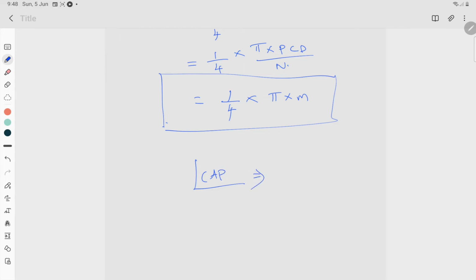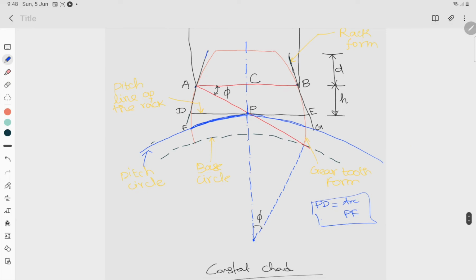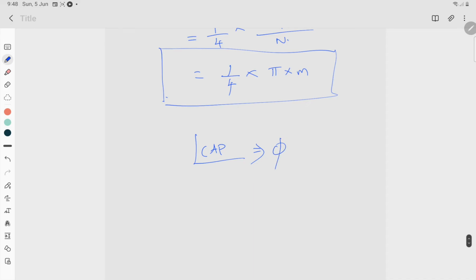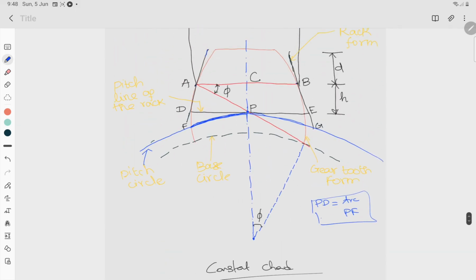Angle CAP is also phi, as it is shown in the figure. Since the line AP is the line of action, it is tangential to the base circle, hence angle CAP will also be phi. Now we will consider two triangles separately. First, triangle ADP.